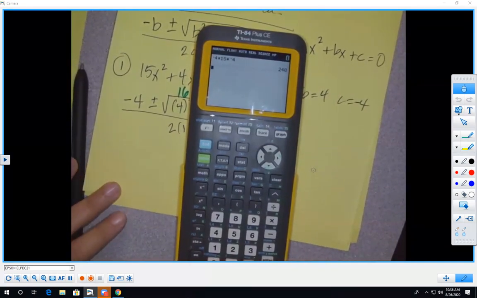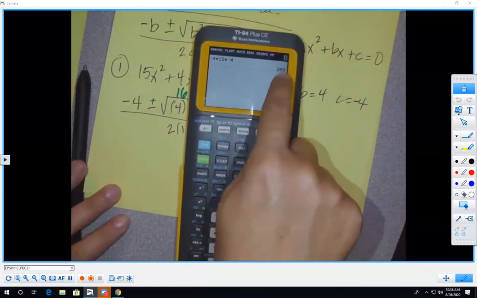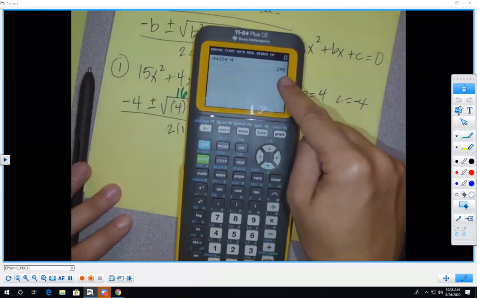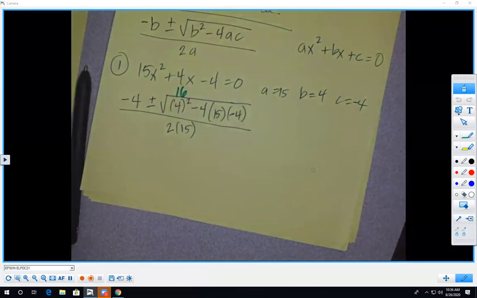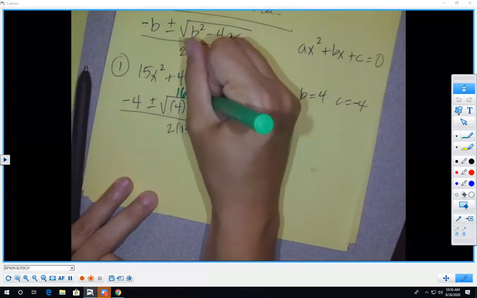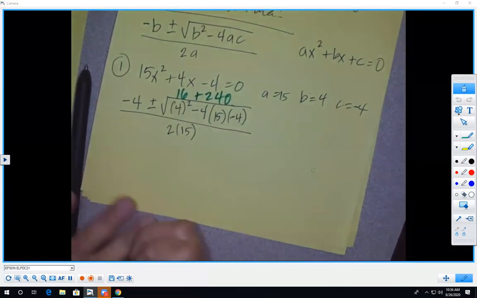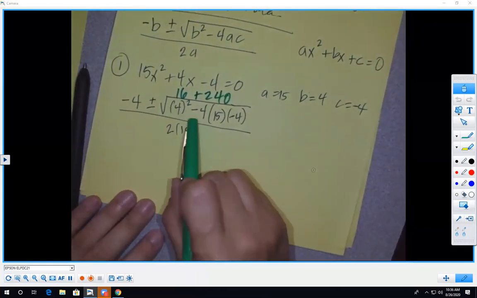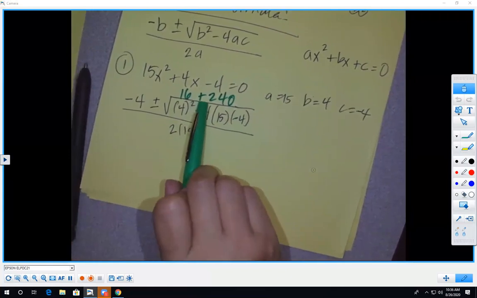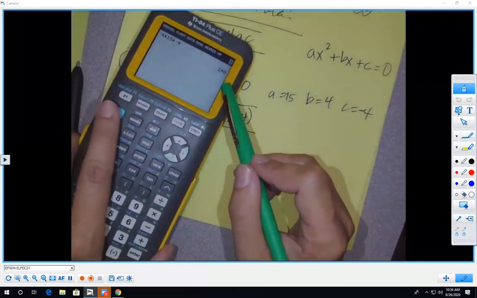Is that a positive number or a negative number? 240 right there. Does that say positive or negative? It says positive, so it is a plus sign. We are going to add 240. If you think of that as a negative 4 and multiply it in as a negative 4, your sign is whatever the sign of your answer is.